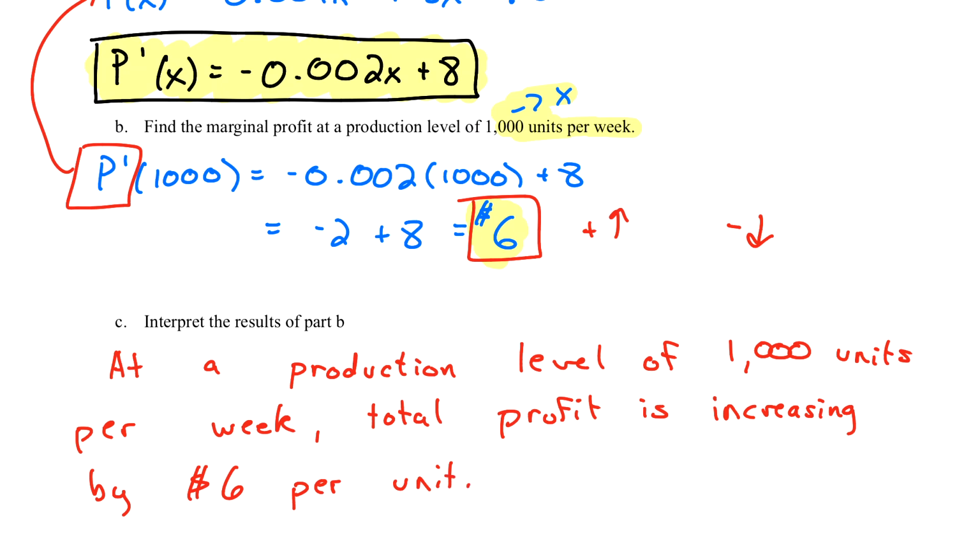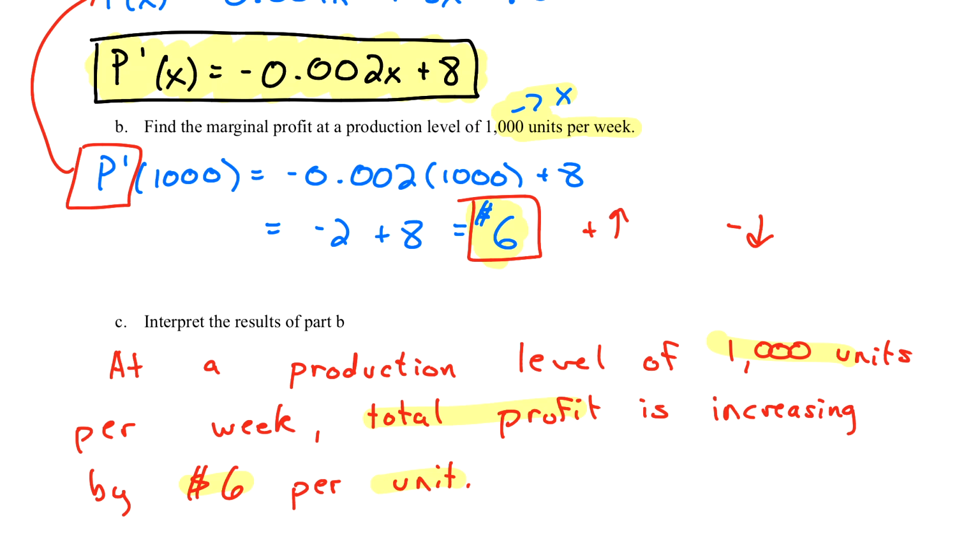If I'm currently producing 1,000 units, and I choose to increase my production, I choose to make more units, I can expect my total profit to increase by about $6 for every additional unit that I make.